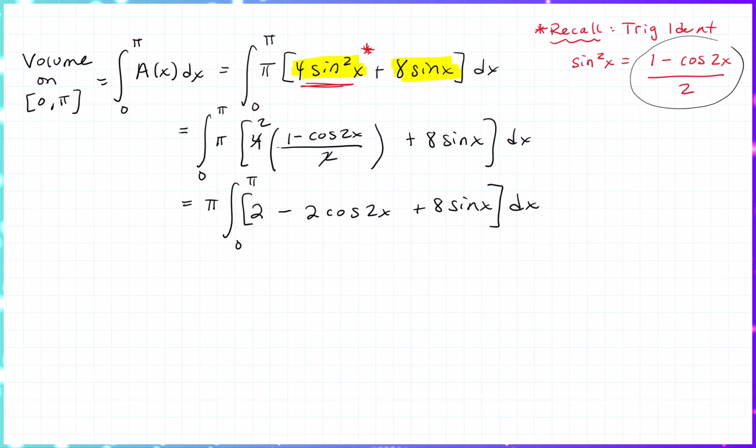Each of these is just using our basic integration formulas. So we'll go ahead, integrate this, plug in the bounds, and I'm going to speed up the video through that part a little bit. But at this point it is just using our basic integration formulas, and then we'll plug in those bounds and see what we get for our volume.